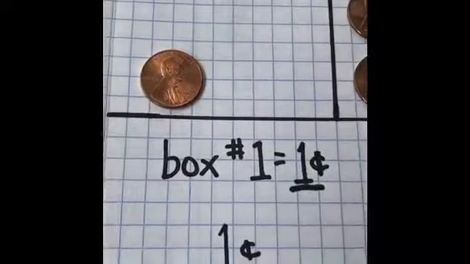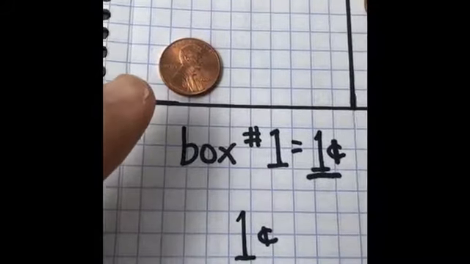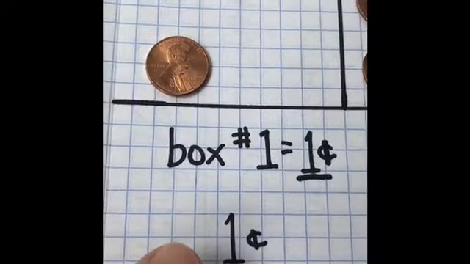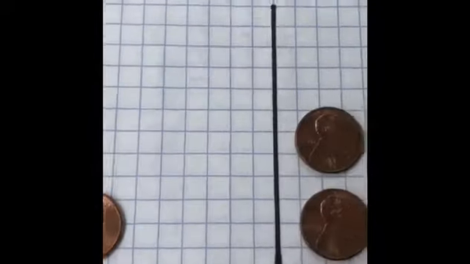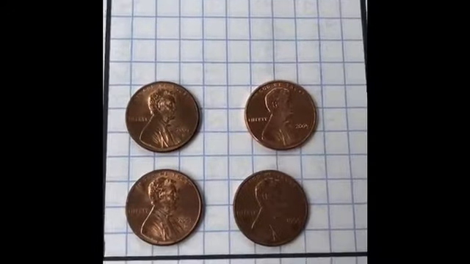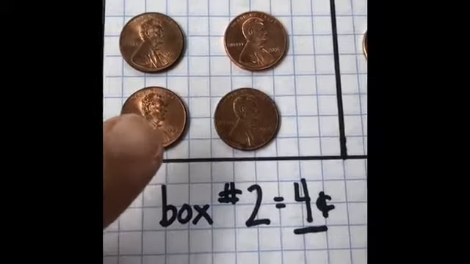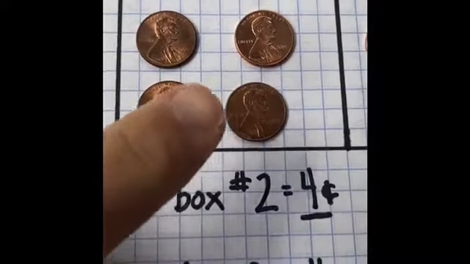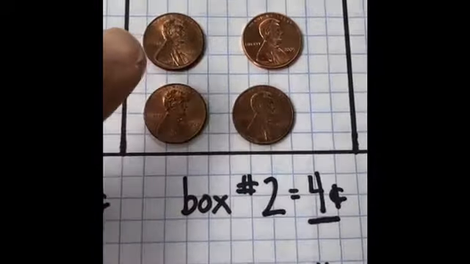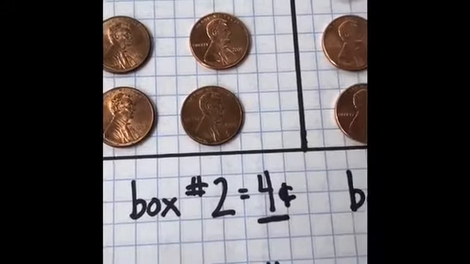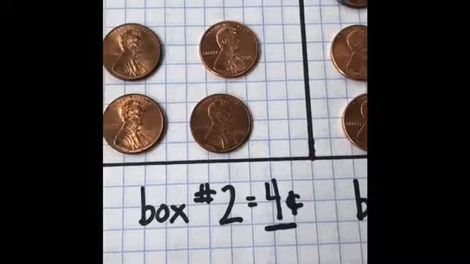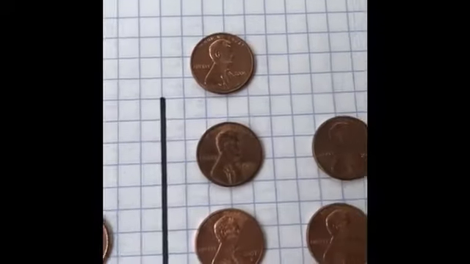So in box 1, we have 1 penny, which equals 1 cent. If we look at box 2, we have 1 penny plus 3 more, 1, 2, 3, that gives us 4 cents. Let's look at box 3.